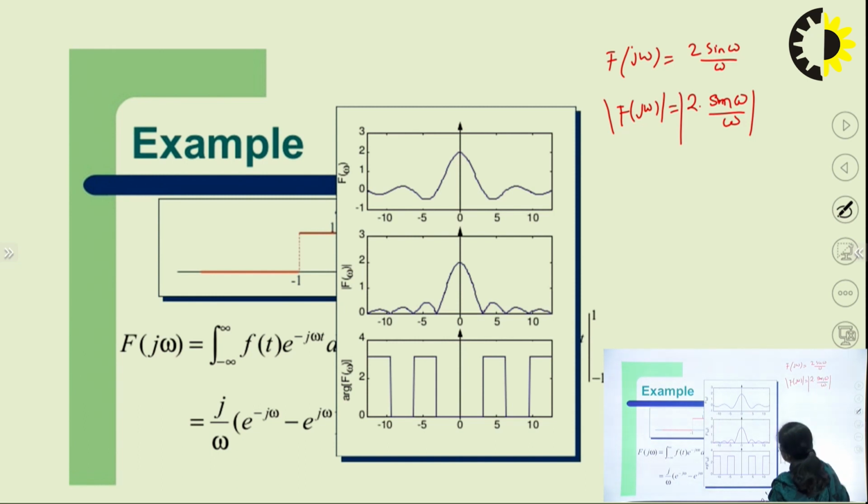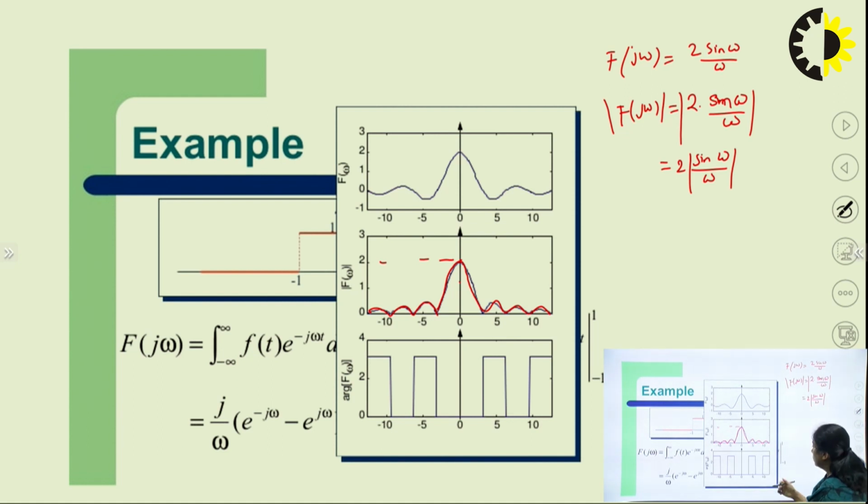Here it is 2 sin ω by ω, and we know the graph of sin ω by ω is like this. If the 2 were not there, it would start from 1 and the maximum value would be 1, but here it is multiplied by 2, so the maximum magnitude is 2. Similarly, you can plot the phase also.